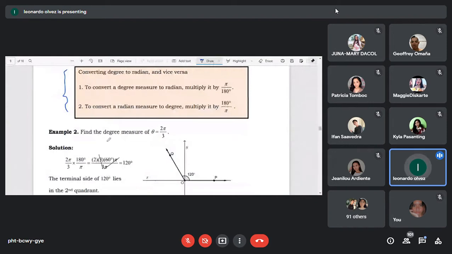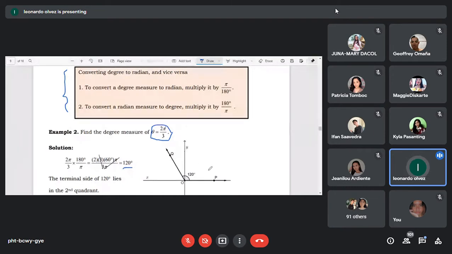For example, find the degree measure of theta equal to 2 pi over 3. Theta here is in radian measurement, so to convert radian to degrees, we multiply by 180 degrees over pi. Multiplying and reducing, it is equal to 120 degrees.